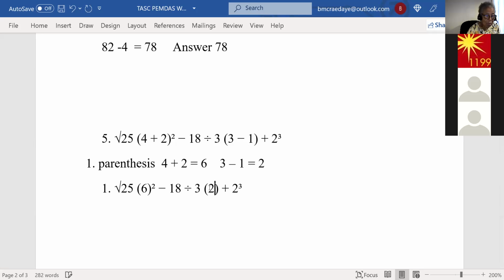And what do we do next, Vanessa? Because it's exponents, powers. Okay, so we do our exponents. And we see we have exponents in 2 places, right? So I'll put here exponents.